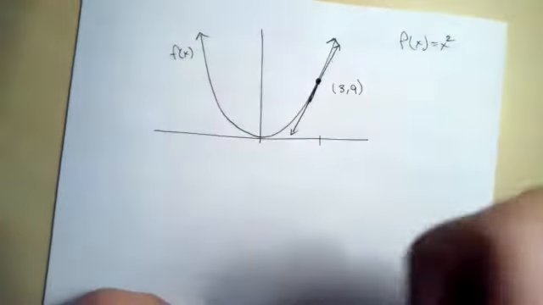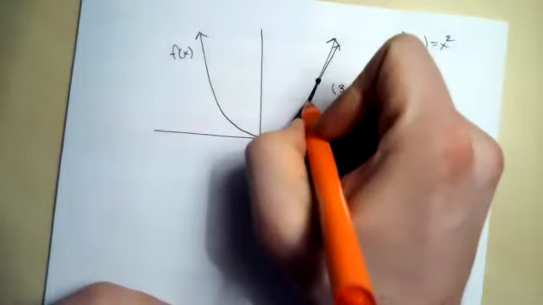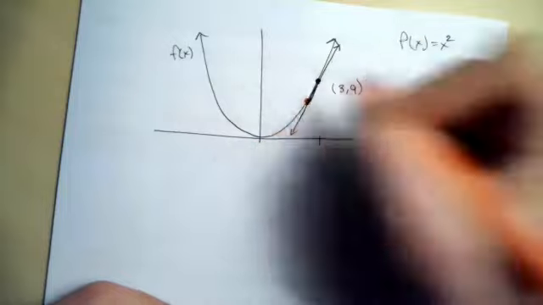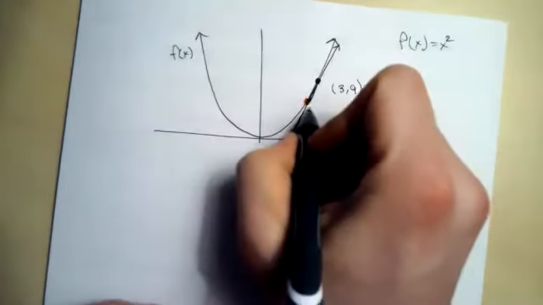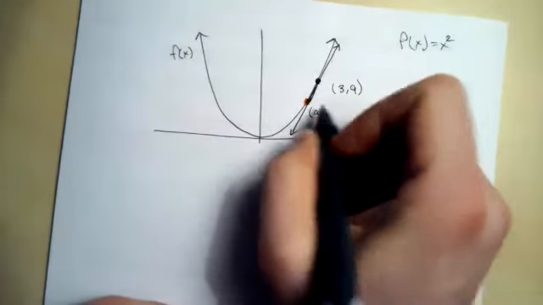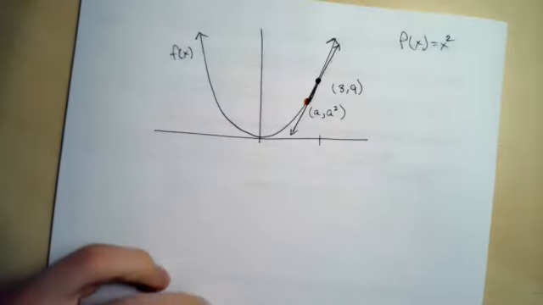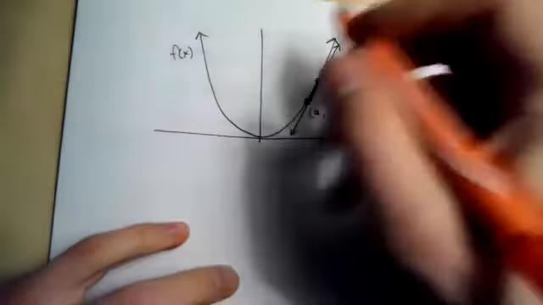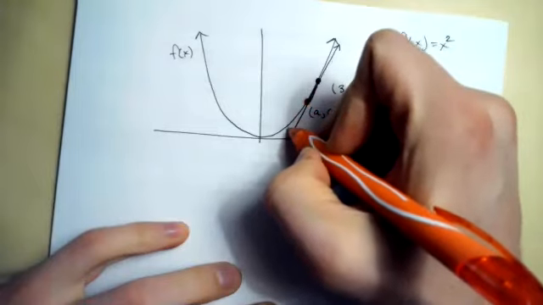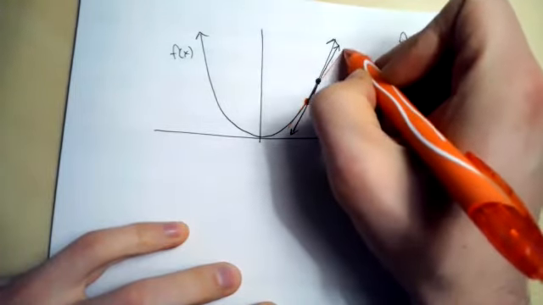So if I were to pick some other point nearby, we're just going to call it some point A. It'll have coordinates A and A squared. And then I can draw a line between those 2 points.